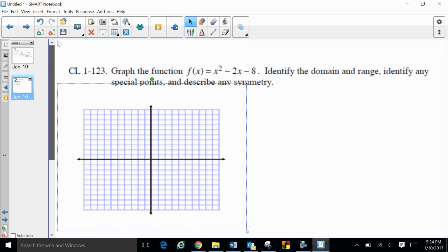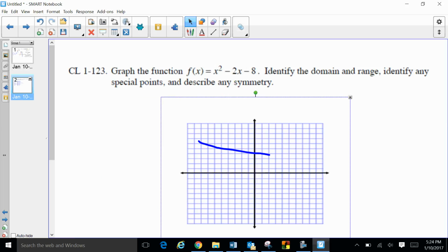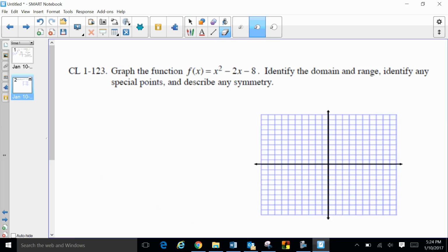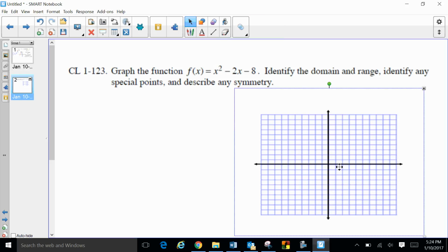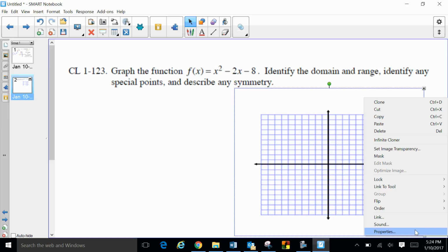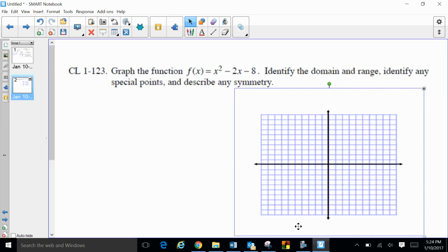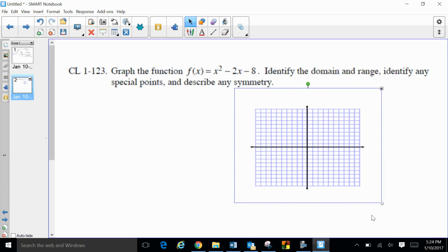Oh, that looks funny, doesn't it? Don't know why it shrunk it up all funny like that, but we'll see what we can do with it. It is a little bit of a funny shrunk graph, but that's okay. We can work with it.